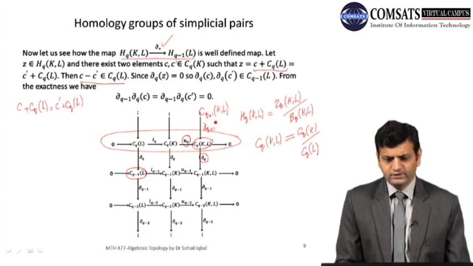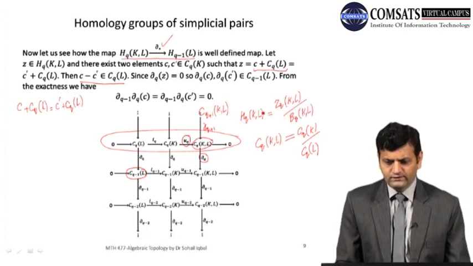Now why is ∂_q of Z equal to 0? Because we have taken Z to be an element of H_q(K,L). In other words, Z is an element of Z_q(K,L).